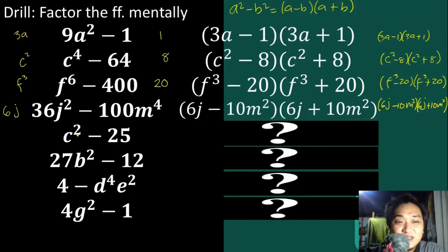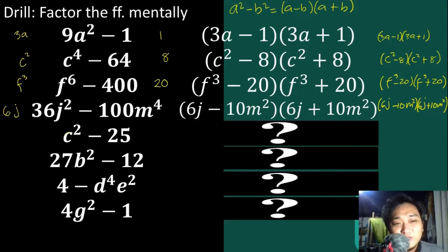Basta lagi nyo lang tatandaan is square root natin yung first term, square root natin yung second term. Pag nakakakita ka ng variable, i-divide mo lang sa 2 yung exponent para makuha mo yung square root niya. Okay, subukan pa natin one last time.